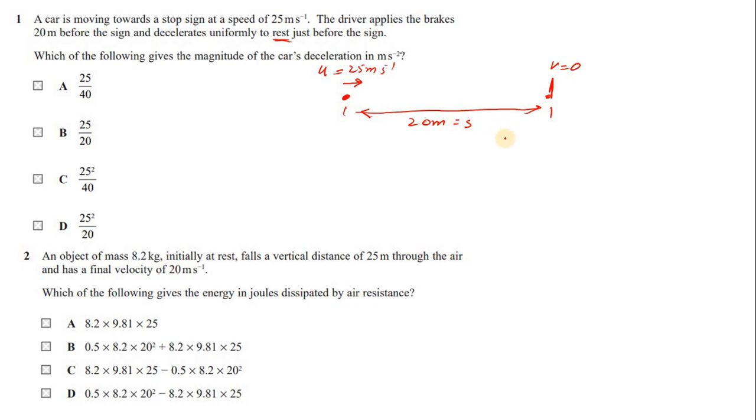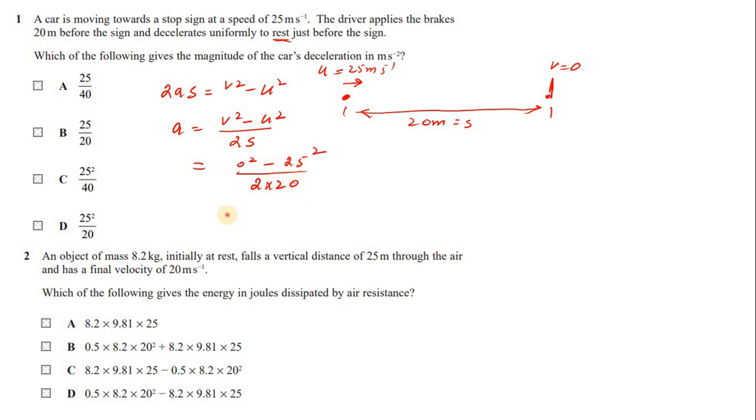So of course you can find acceleration using the equation 2as is equal to v square minus u square. So acceleration is v square minus u square over 2s. So v square is 0 square minus 25, the initial velocity, square, divided by 2 into the distance, which is 20.